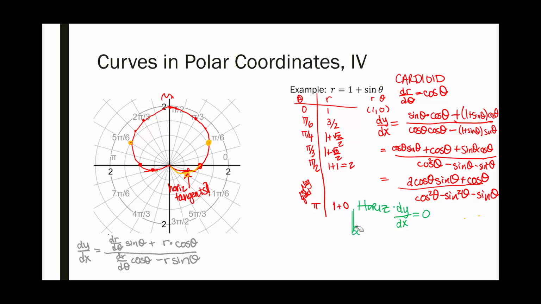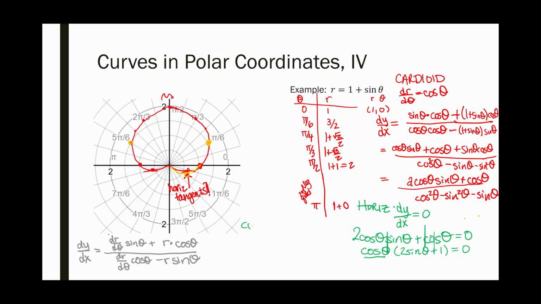So I have 2 times cosine theta sine theta plus cosine theta equals 0. And so I'm going to factor out a cosine of theta, and I get cosine theta times 2 sine theta plus 1 equals 0. So that means that either cosine theta or 2 sine theta plus 1 could equal 0.